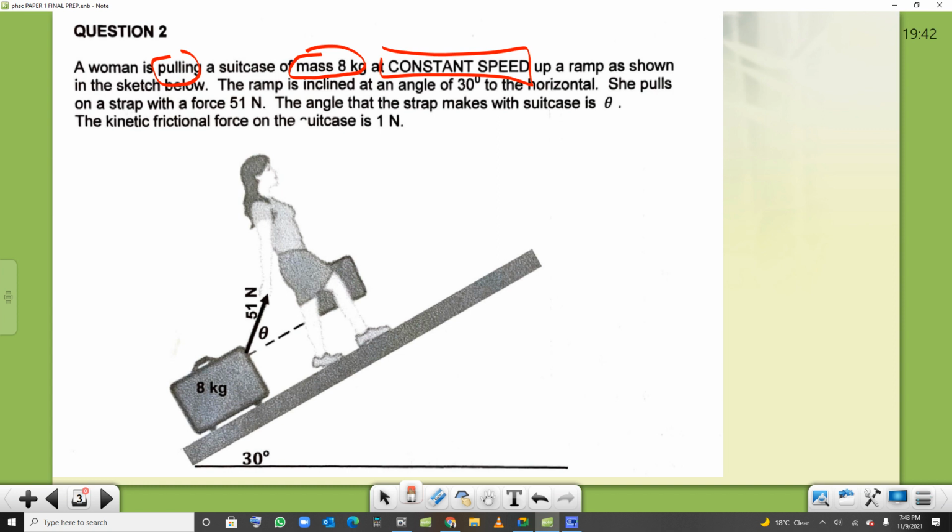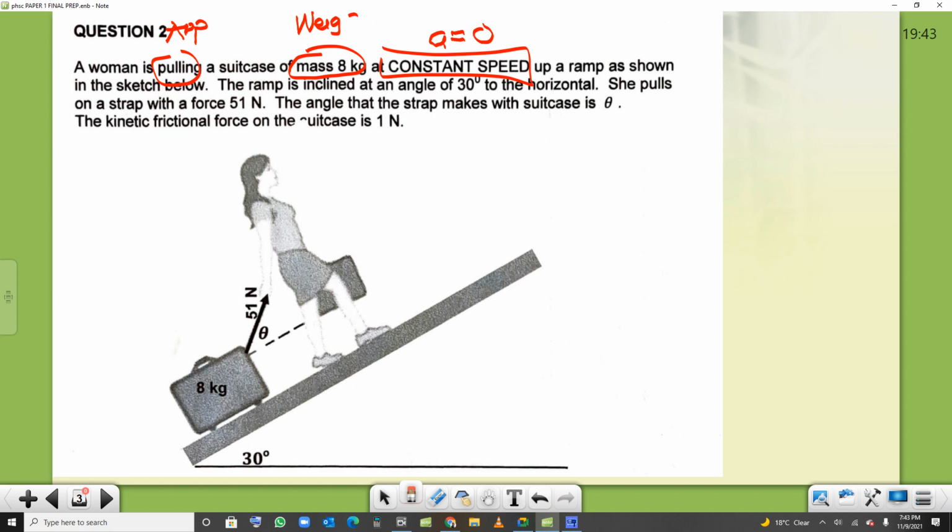Acceleration is equal to what? Please take note of all those little things. This one talks about force applied. This one talks about the weight, Fg. What is this one telling you? Acceleration is equal to 0. All of those things are important.